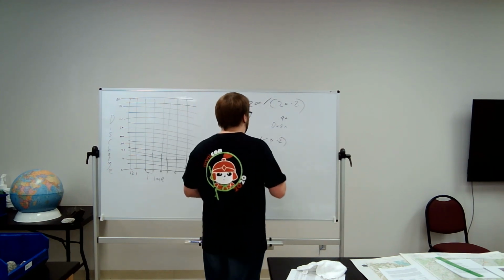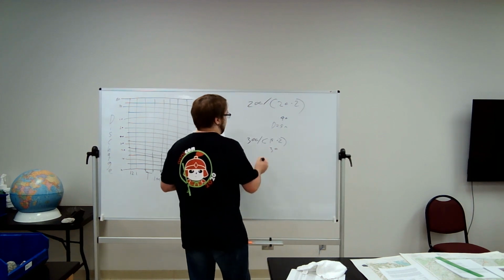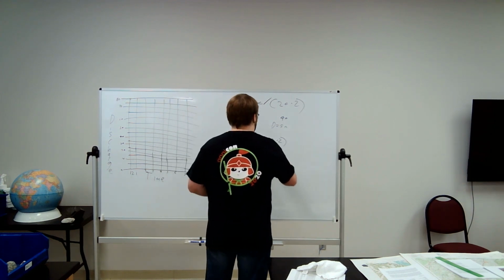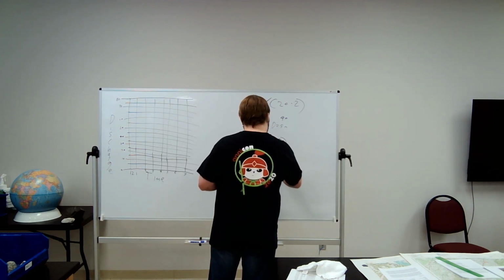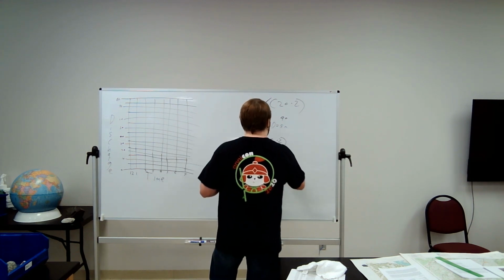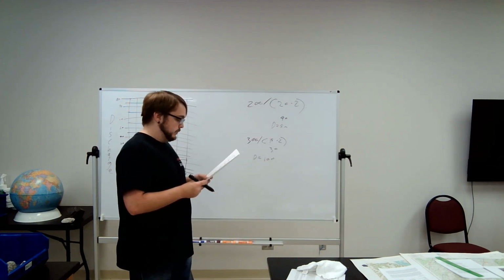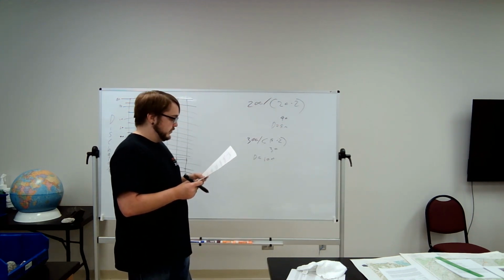And on this one, we can have 30, and 300 divided by 30 is 10. And so we have a depth of 10 meters on the second one.